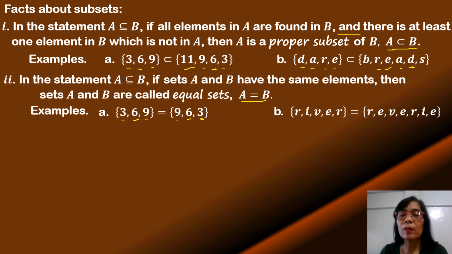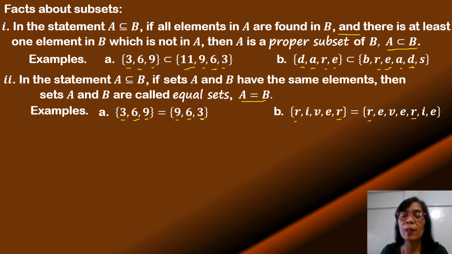So take note that in the second set, E is written 3 times, R is written twice. In the first set, R is also written twice. So these repeated elements are considered as one element.